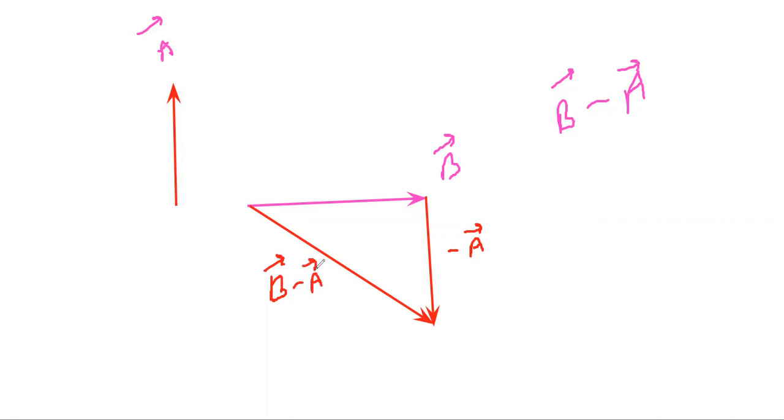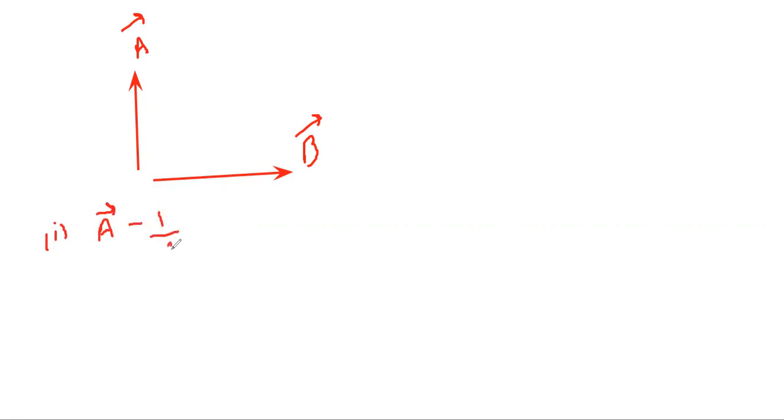Fine. Now I think you must have understood how you have to subtract vectors. Now some variations can be there. For example, let us say there are two vectors, A vector and B vector. The first part is to find A vector minus half B vector.